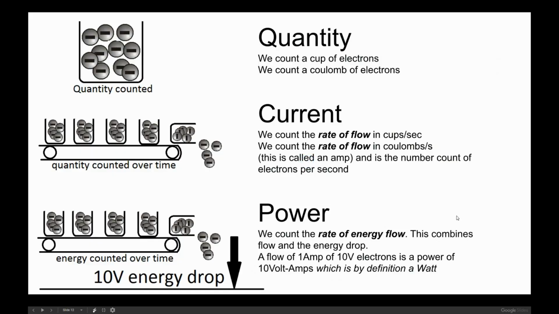Now, let's look at it a different way. No Cookie Monster. What have we learned so far? Quantity. We count a cup of electrons, or we count a coulomb of electrons. So I like to call coulombs cups. You don't ever really need to know how many cups of electrons are in the wall, because there's no limit to them.